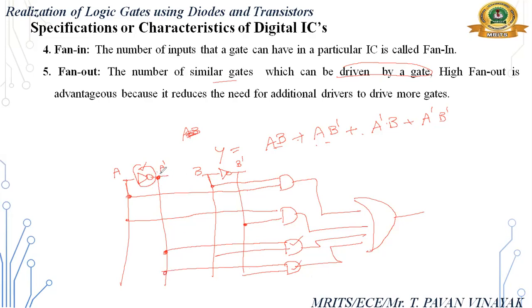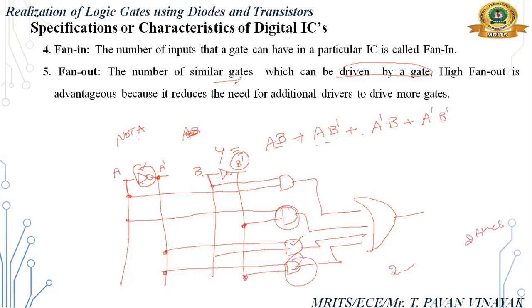Means we are using this output by 2 gates, so the fan out of NOT gate A is 2. Similarly for B bar, we are also using it 2 times.